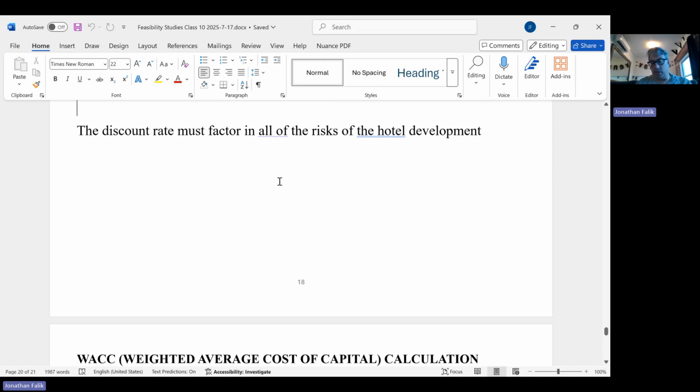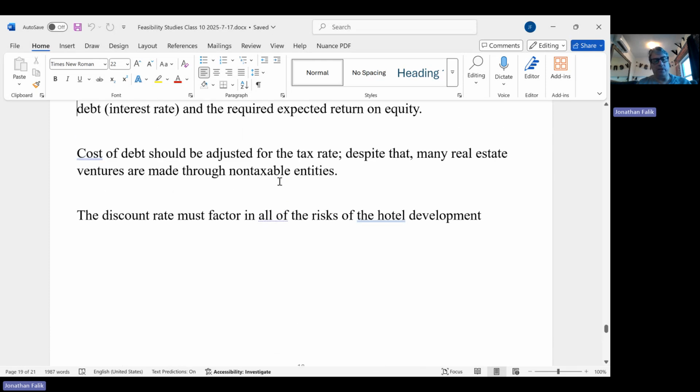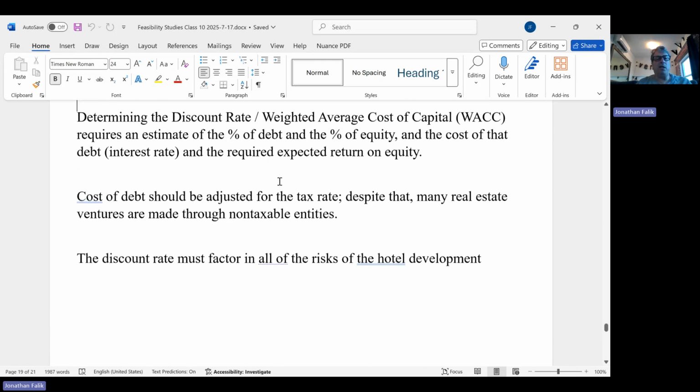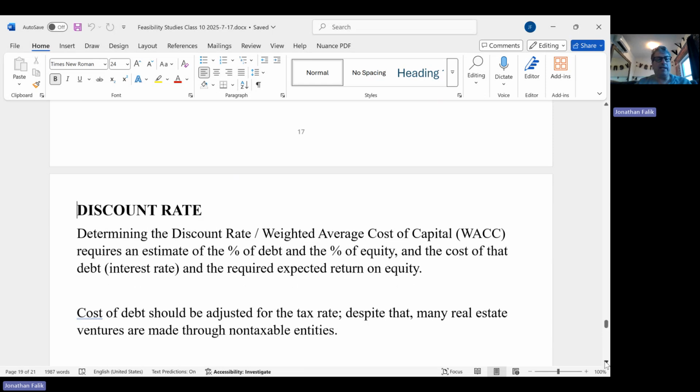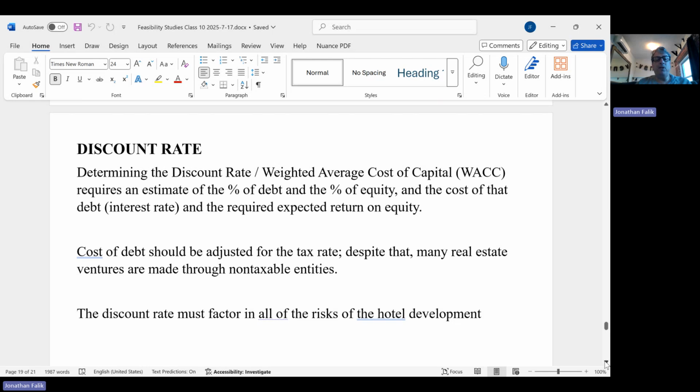And we're going to come soon to the end of these slides, and that will be the end of the first part of the lecture for today's class. So determining the discount rate, the weighted average cost of capital, means you have to estimate the percent of debt and the percent of equity, the cost of debt, and the required return on equity.